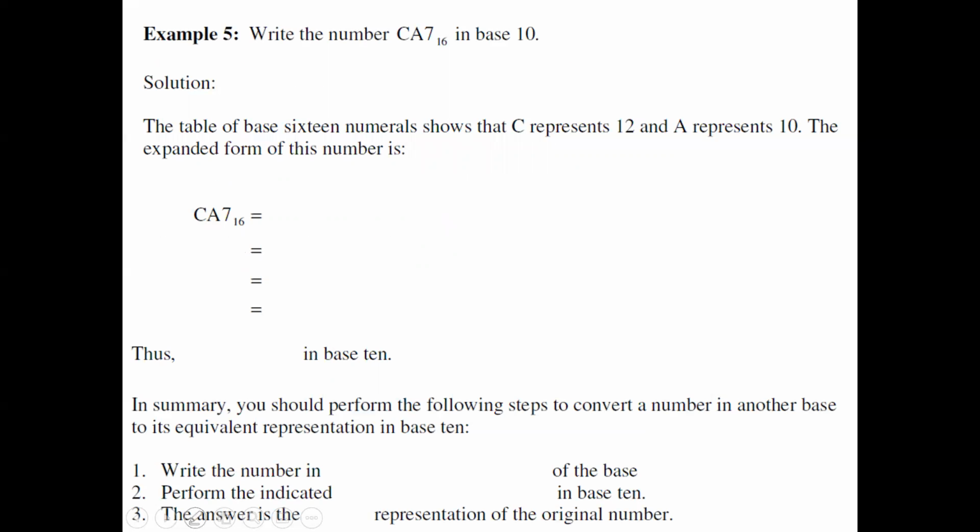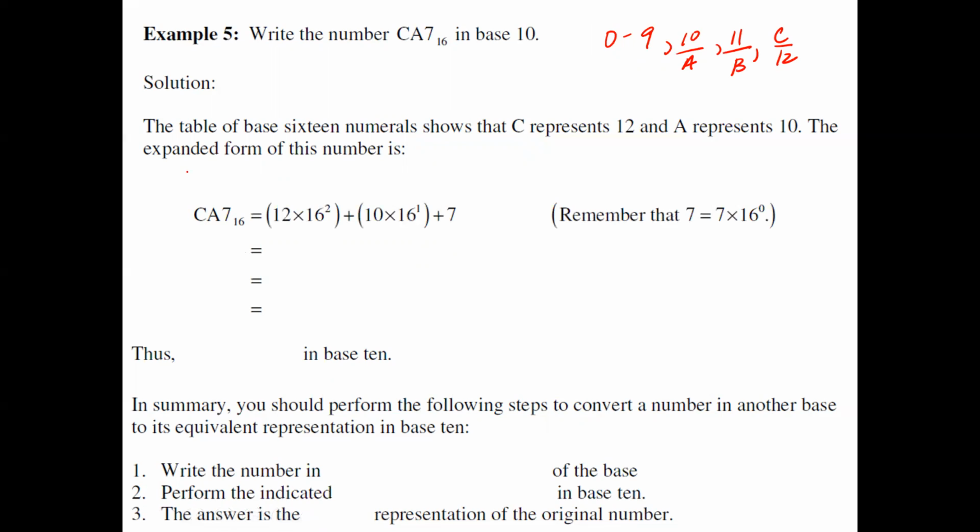Example 5. What if I gave you letters instead of numbers? Your numbers are from 0 to 9, and after that, 10 is an A, 11 is a B, and C is going to give you 12. So in this situation, you have CA7, which is 12, 10, 7.